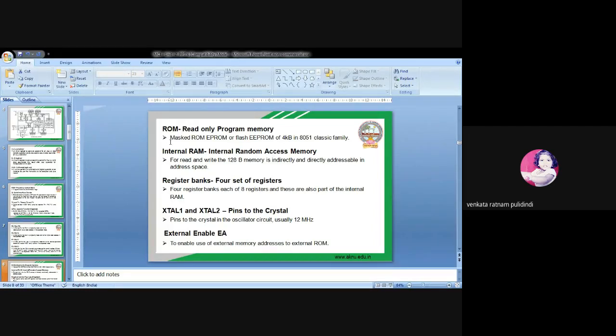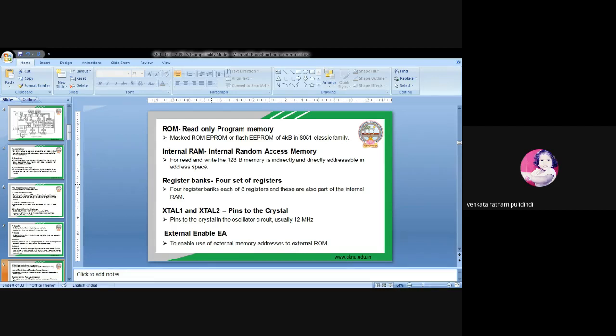We will discuss the organization of ROM later. Then internal RAM, that is the internal random access memory. Already we know that the 8051 microcontroller has 128 bytes of RAM, indirectly and directly accessible in the address space of 128 bytes.